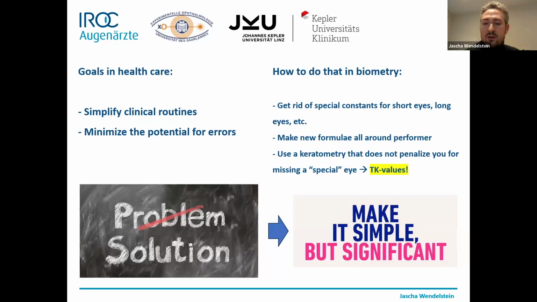Obviously, the new calculation formulas are all designed to be all-around performers, so they simplify clinical routines. And then we want to use keratometry values that do not penalize us for missing special eyes, keratoconus eyes, DMEK eyes, and the TK values were designed for that aim. So we are not penalized when we miss those eyes.